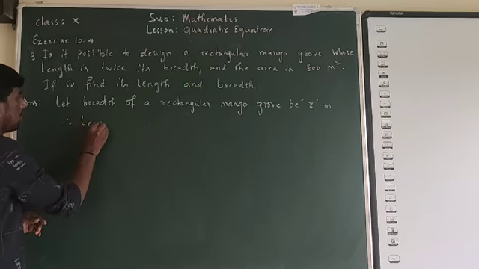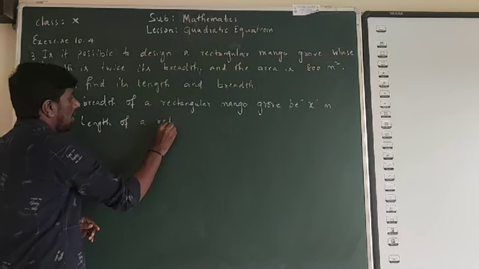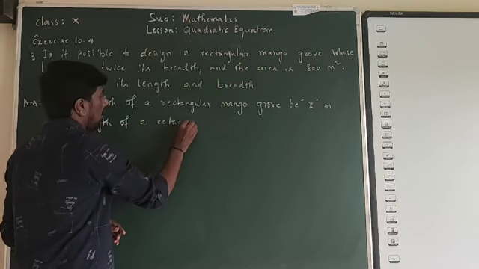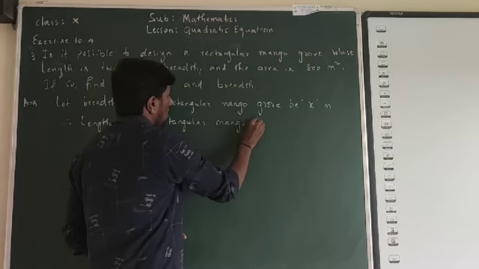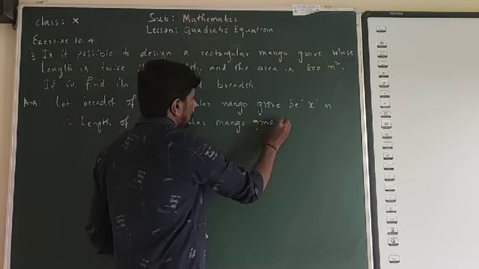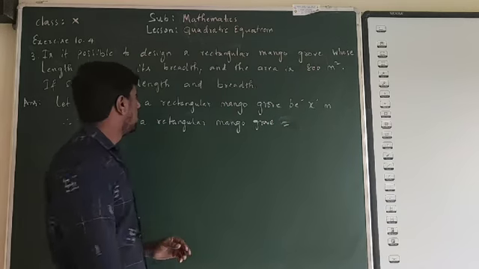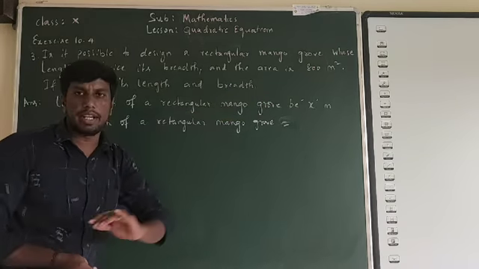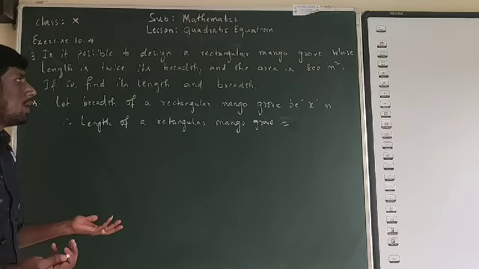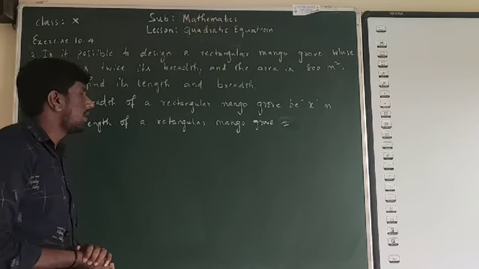Therefore, the length of a rectangular mango grove will be equal to... So the breadth of a rectangular mango grove we have defined as x meter. We don't know the breadth, so we have defined it as an unknown, that is x, right?